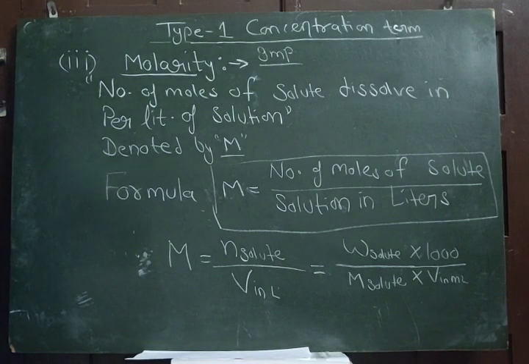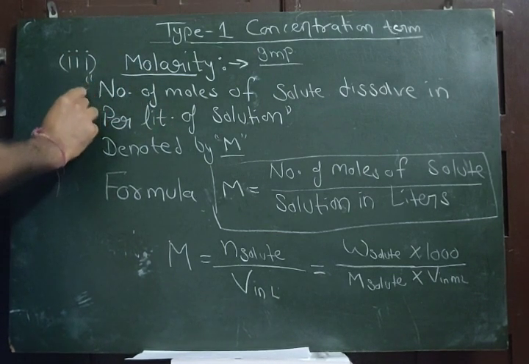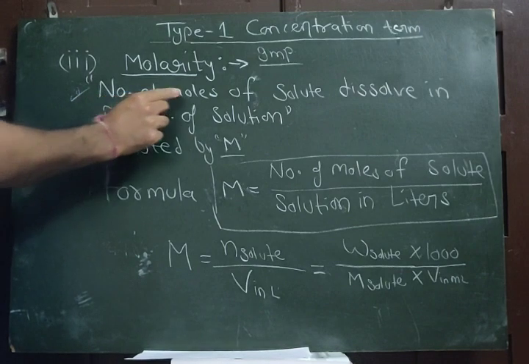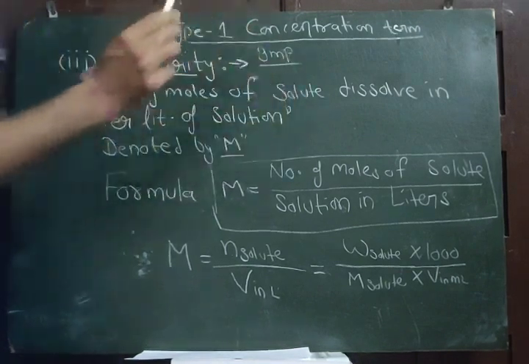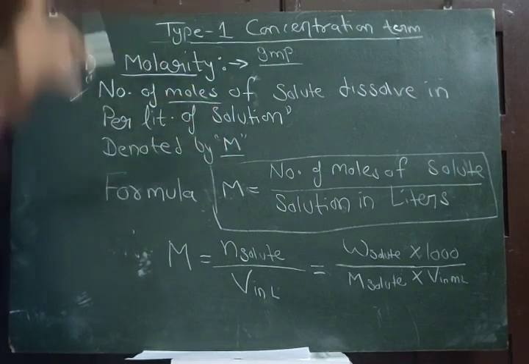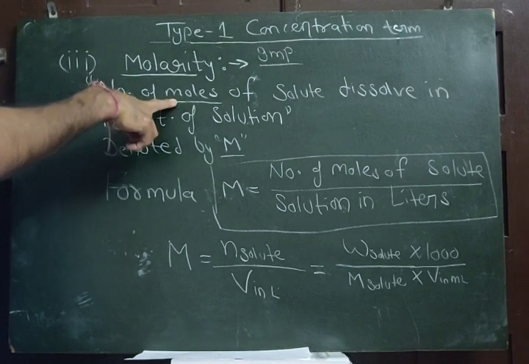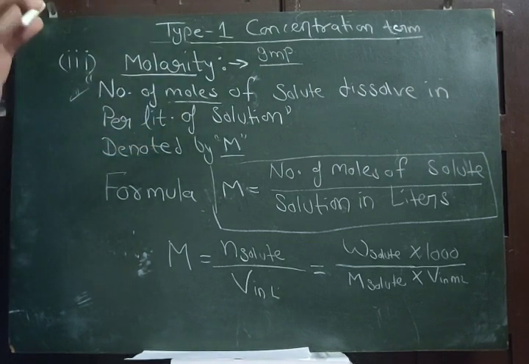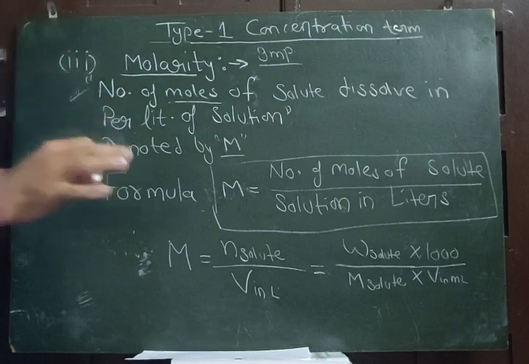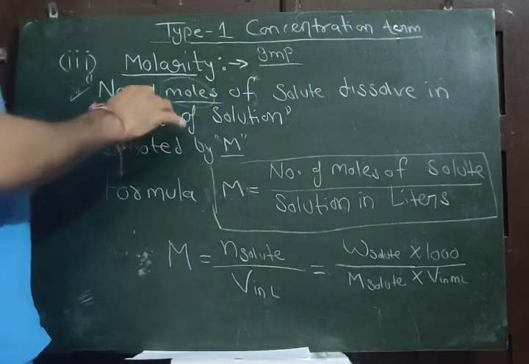So now let's discuss molarity. What is molarity? The definition is very simple: the number of moles of solute. Mind it, moles come for the first time. This is the first concentration term in which we are using moles. I think you might be aware of moles, we have already discussed moles in 9th class.